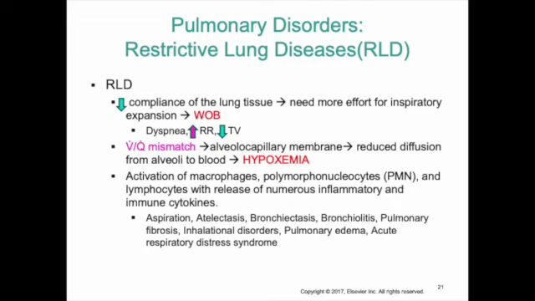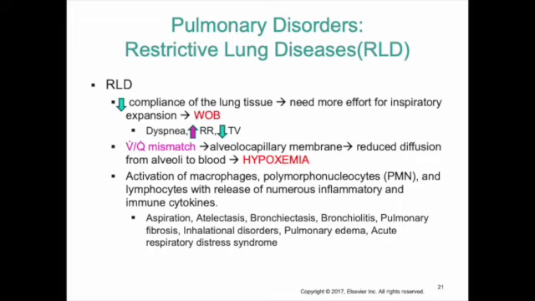All in all, this is going to lead to hypoxemia. Then we'll have activation of macrophages and PMNs, which are polymorphonucleocytes, and lymphocytes as well. They are going to release numerous inflammatory and immune cytokines.